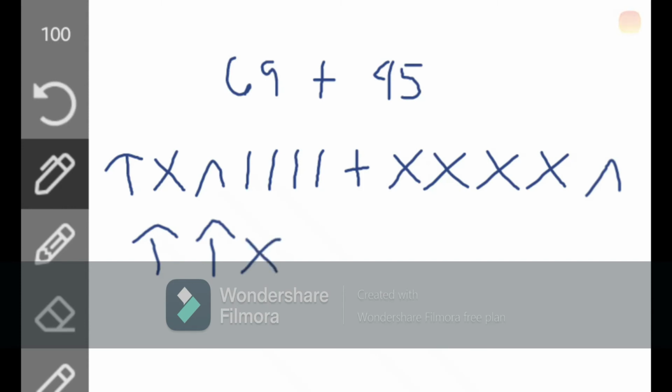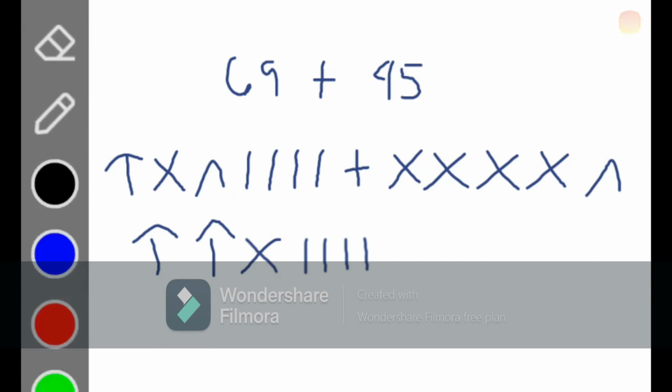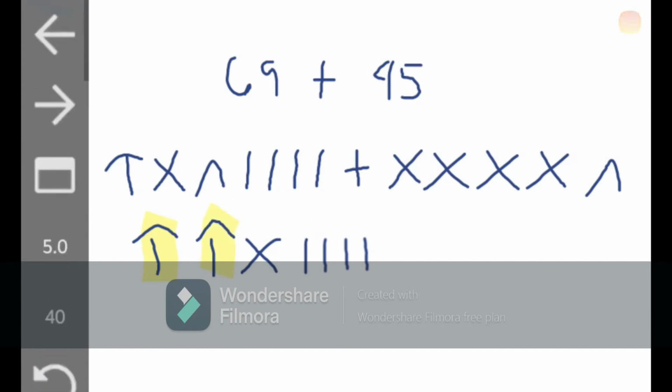The next symbol is the 4 bars, equivalent to 1. Just bring them down. 3, 4. Notice that there are two symbols of 50, here and here. We need to combine them: 50 plus 50 is 100.